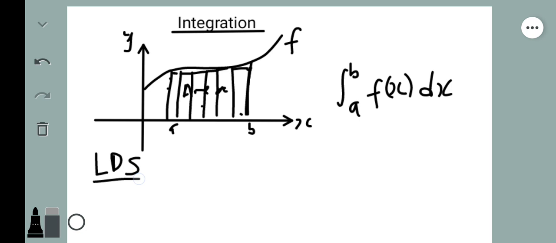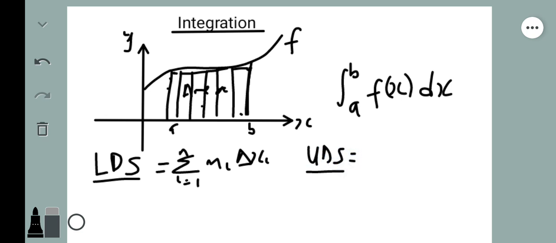The lower Darboux sum is written as the summation, i from 1 to n, of m_i delta x_i. For the upper Darboux sum, the formula is written as the summation, i from 1 to n, of capital M_i delta x_i.